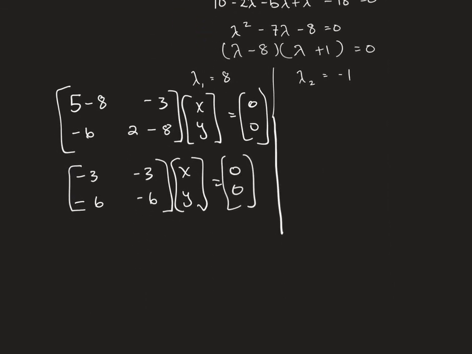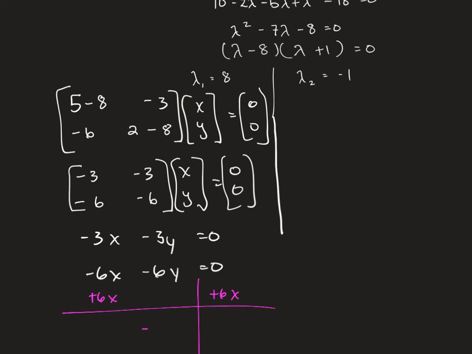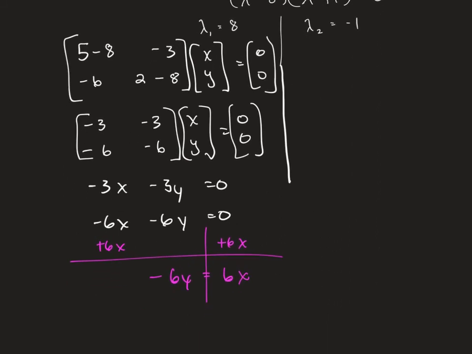Then I can set up the two equations: -3x minus 3y equals 0, and -6x minus 6y equals 0. Notice these will both have the same solution, so I'm just going to solve the second one. If I add 6x to both sides, I get -6y equals positive 6x, and then y is equal to -x.